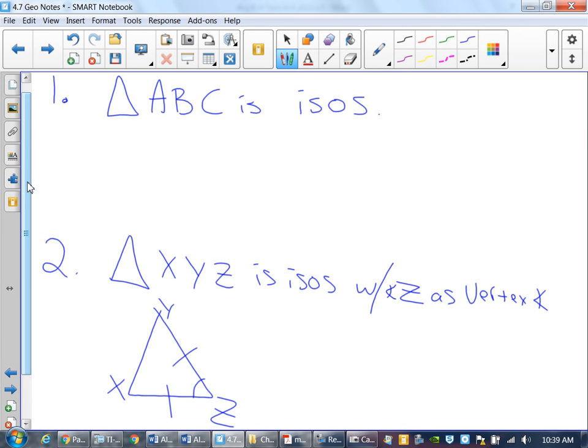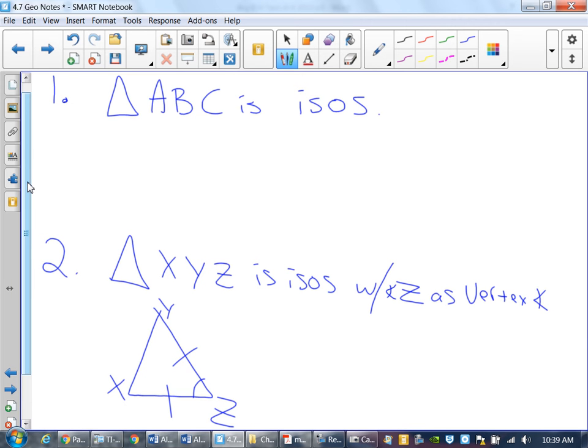It doesn't tell you specifically which one is going to be the vertex, which means you have to make an assumption.